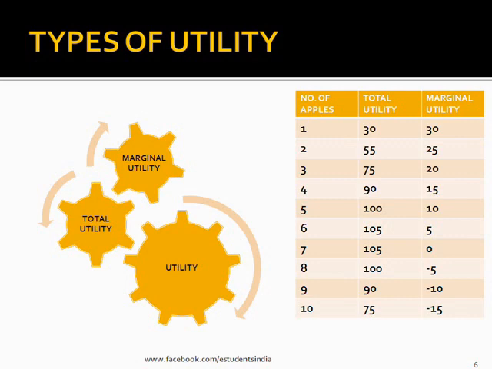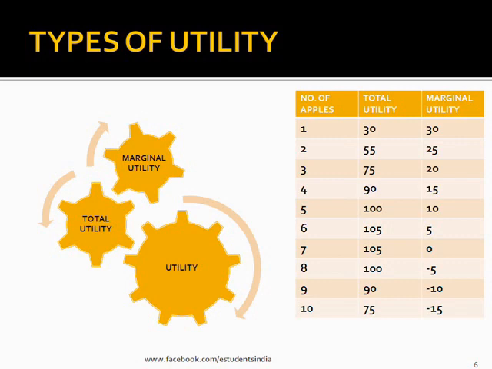Marginal utility is the change in the total utility that results from 1 unit change in consumption of the commodity within a given period of time. When a person increases the consumption of apples from 1 apple to 2 apples, the total utility increases from 30 to 55.